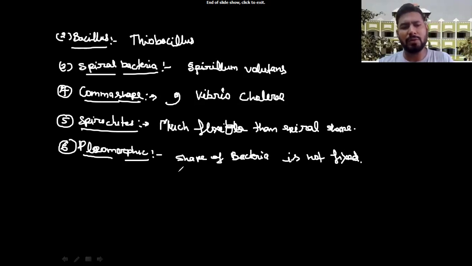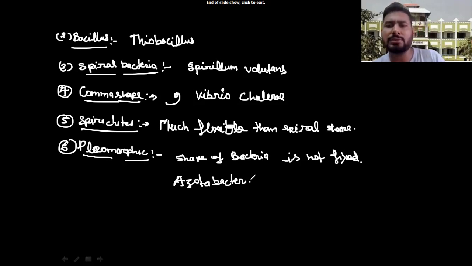Now, the pleomorphic example is Azotobacter, which is a free-living nitrogen-fixing bacteria. So this is the overall story about the shape of bacteria. We have six different types of shape. First is coccus, the spherical shape.